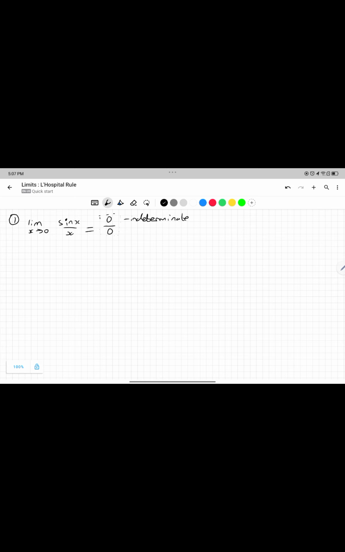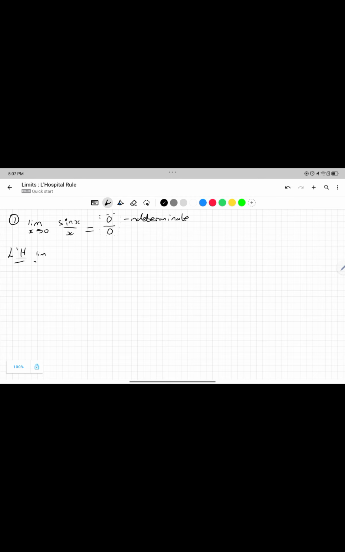What we should do in that quotient form is treat the numerator and the denominator separately, meaning differentiate the numerator and the denominator separately. Do not use the quotient rule. Just differentiate them separately.